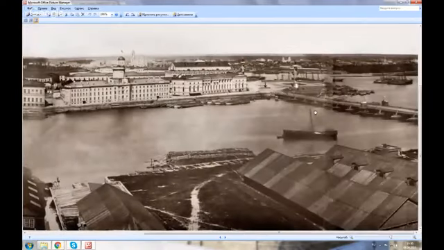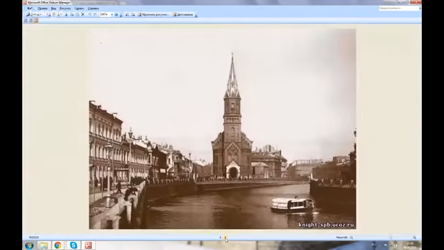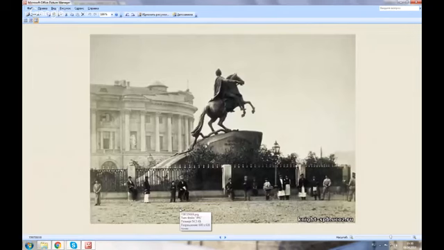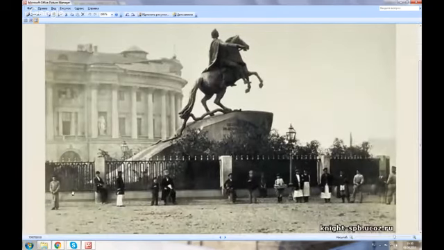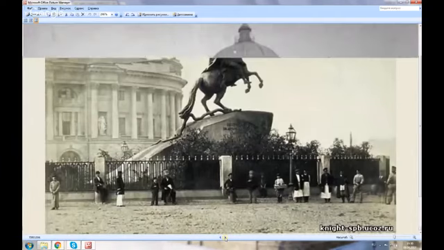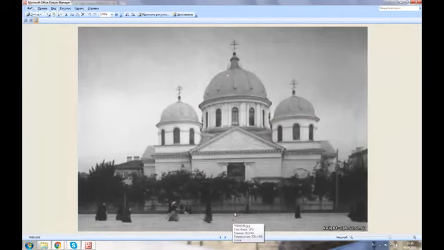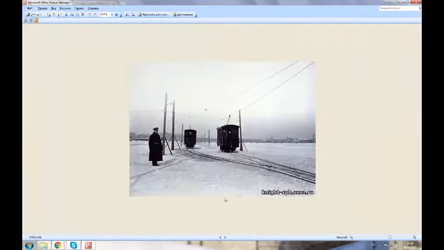Oh, we see one guy here, probably with a dog. 20th century, a bunch of people. It's the end of the 19th century, still at least 20 people here. The end of the 19th century, about 10 people.